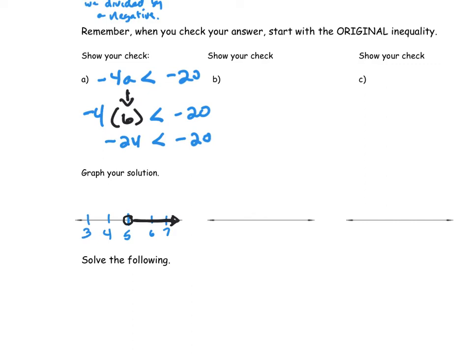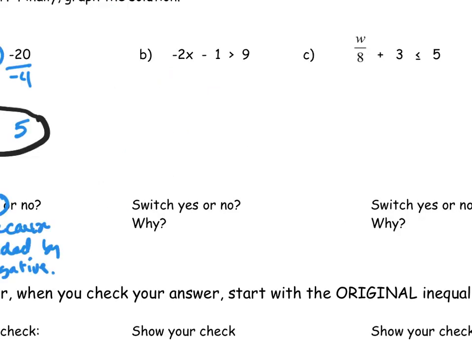So now let's go back and try the inequality for b. So we're going to drop our wall. We're going to get rid of the constant first, the number that's being added or subtracted, by doing the opposite. So we add 1. That's going to leave -2x is greater than 10.